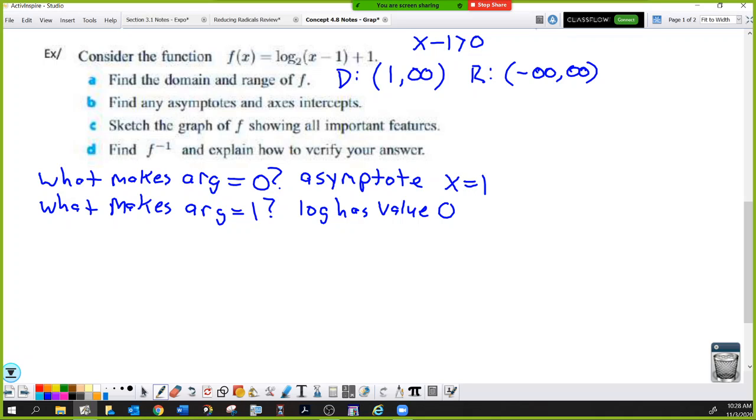So that's how you find one of your 2 coordinates. It'll be x equals whatever number makes the argument equal 1, and y equals whatever you get when the log has a value of 0.